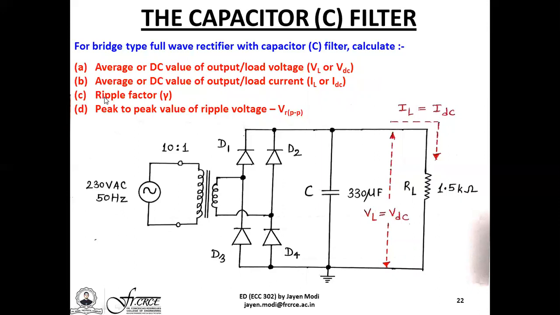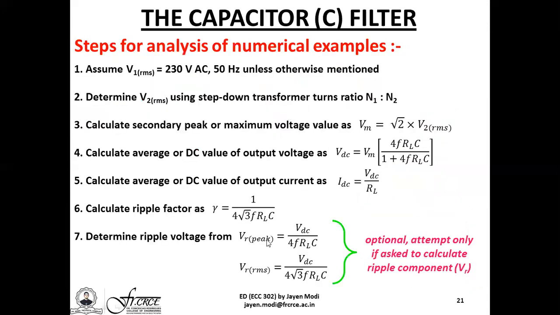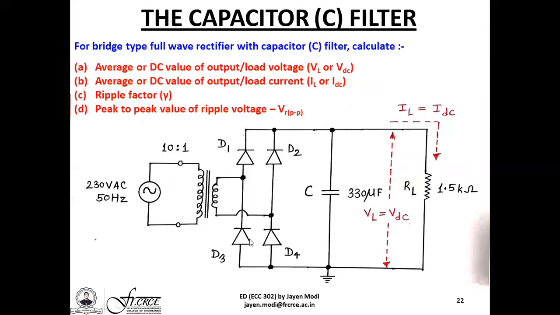We need to calculate ripple factor gamma, and we need to calculate the peak to peak value of the ripple voltage VR peak to peak. Now this particular value can easily be obtained from the peak value of the ripple voltage, because when you multiply it by 2, it gives you the peak to peak value of the ripple voltage.